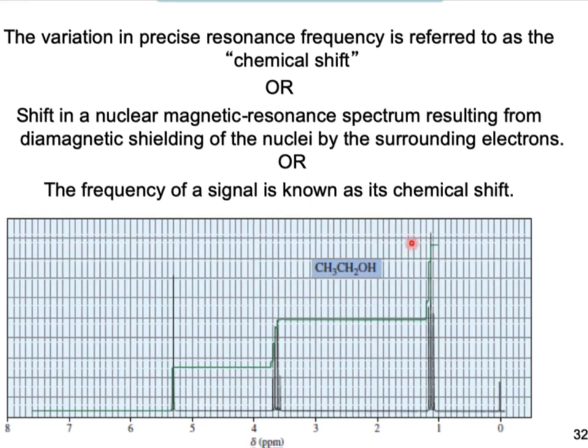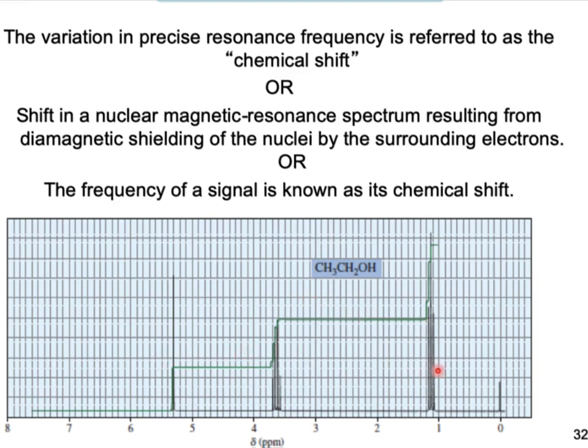So this spectrum is the spectrum of ethanol, right. So how many protons are in ethanol? One is, you can see, the hydroxyl proton, the second one is the methylene proton, the third one is the methyl proton. So there are three different types of protons, that's why it has three different signals.